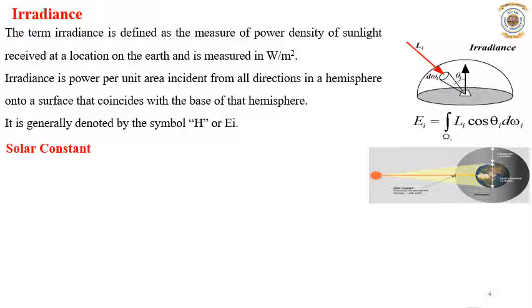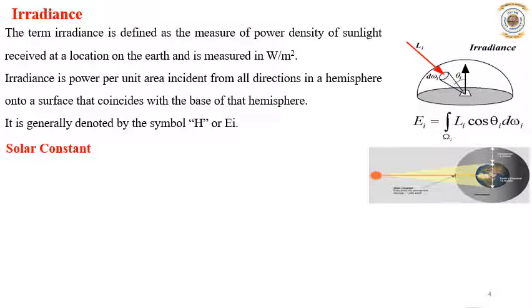Okay, so the brightness of the sun varies from its center to its edge. Understood? It's from center to edge. However, for some engineering design calculations, it is customary to assume the brightness all over the solar disk as uniform, or uniformly distributed.